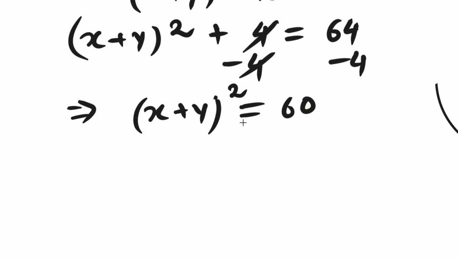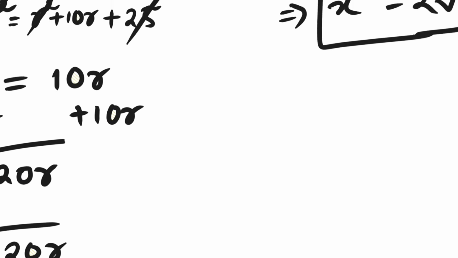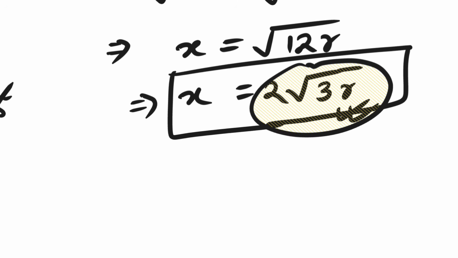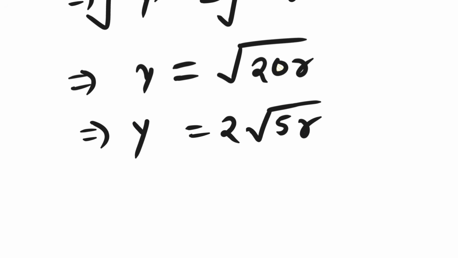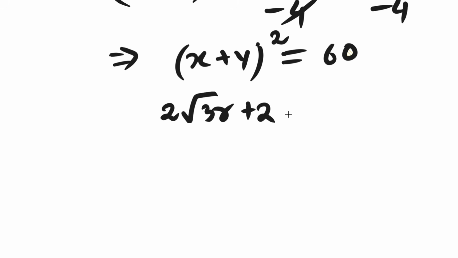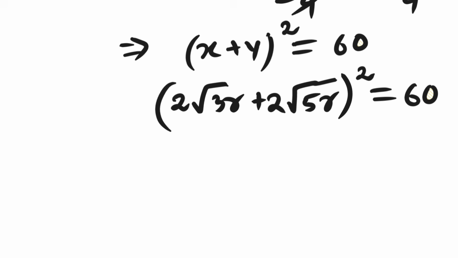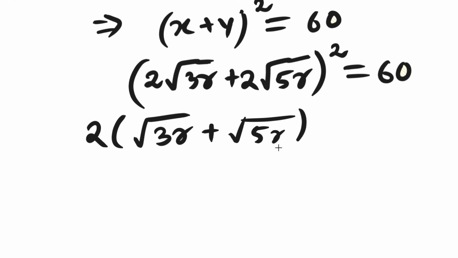Now we substitute the expressions we found earlier for x and y. Remember, x is 2 multiplied by the square root of 3r, and y is 2 multiplied by the square root of 5r. So we get (2 times the square root of 3r plus 2 times the square root of 5r) squared equals 60. We can factor out the common 2 from the expression inside the square. That gives us (2 times the quantity square root of 3r plus square root of 5r) squared equals 60.